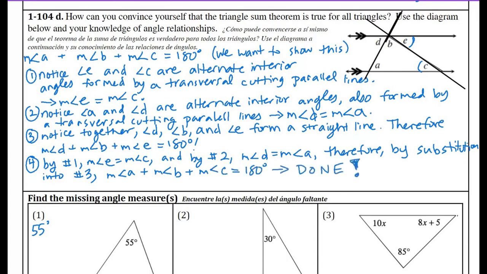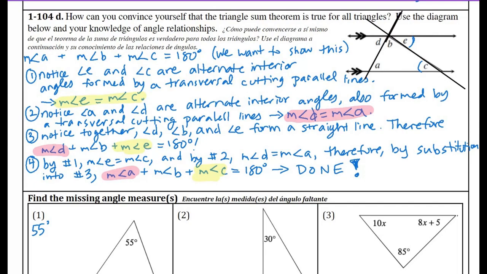To make it very clear what substitution I just did, I substituted the measure of angle C for the measure of angle E, since we found that those two measures must be equal, and I substituted the measure of angle A for the measure of angle D, since those two measures must be equal, which was all I needed to show the full final theorem.